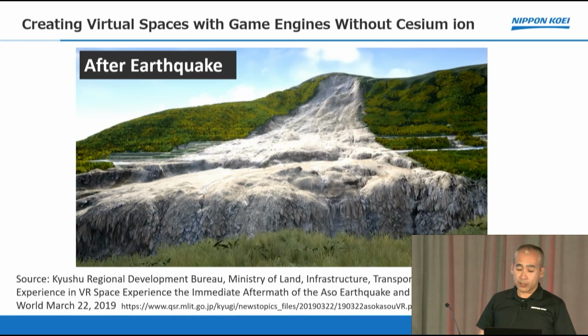So in this case, we did not use Cesium ion. This example shows UAV data from the collapse of the Aso Bridge, which occurred during the Kumamoto earthquake in April 2016. We visualized the post-collapse condition using Unreal Engine.